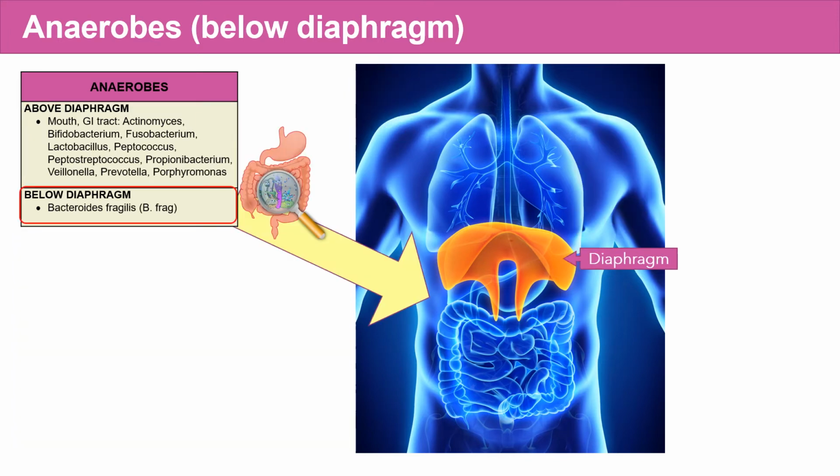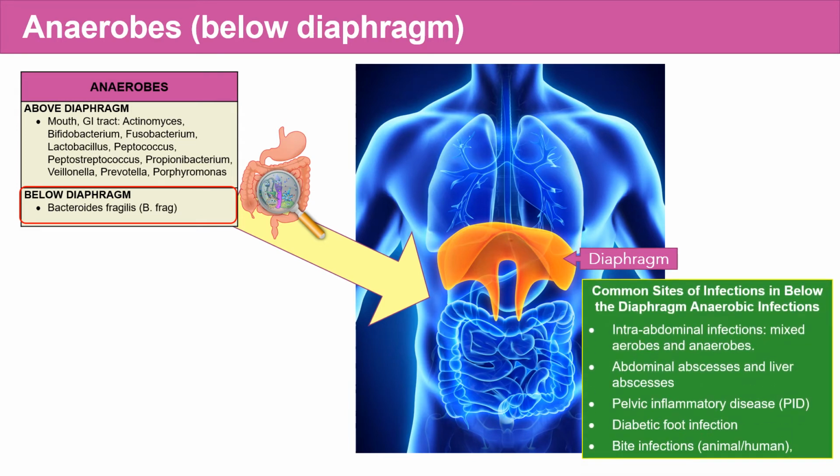When we talk about anaerobes that are located below the diaphragm or gut anaerobes, Bacteroides fragilis or B. frag is the predominant bacteria that we're going to be talking about. Now, there are some species of Bacteroides that are in the gut, but they're minor compared to the number of Bacteroides fragilis or B. frag that's located in the gut.